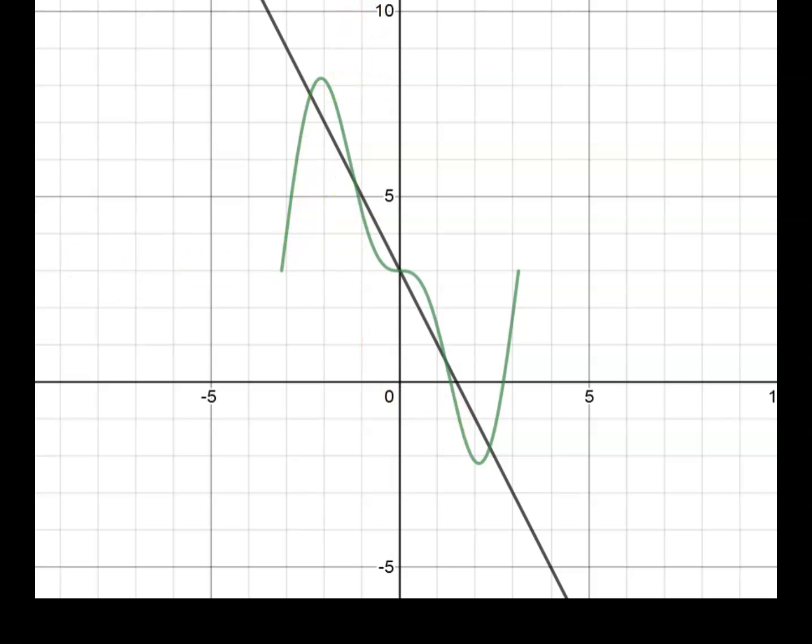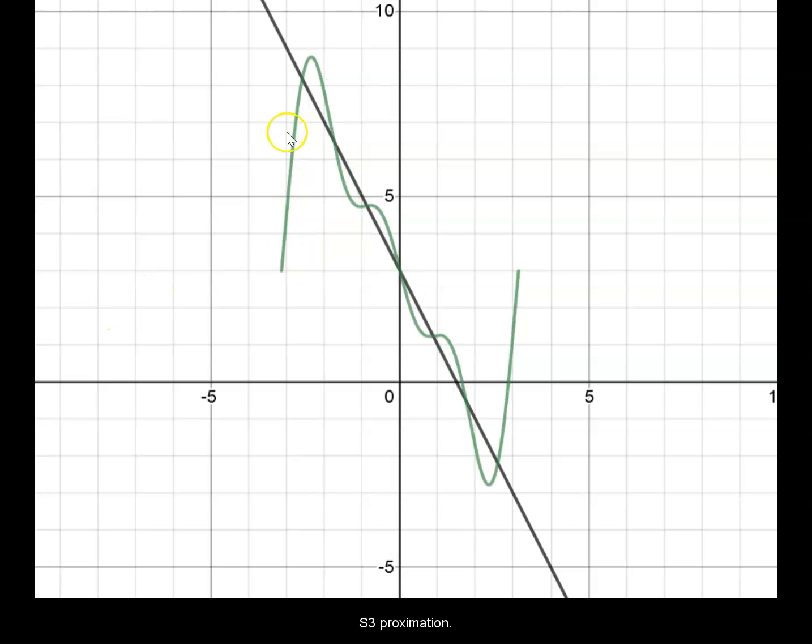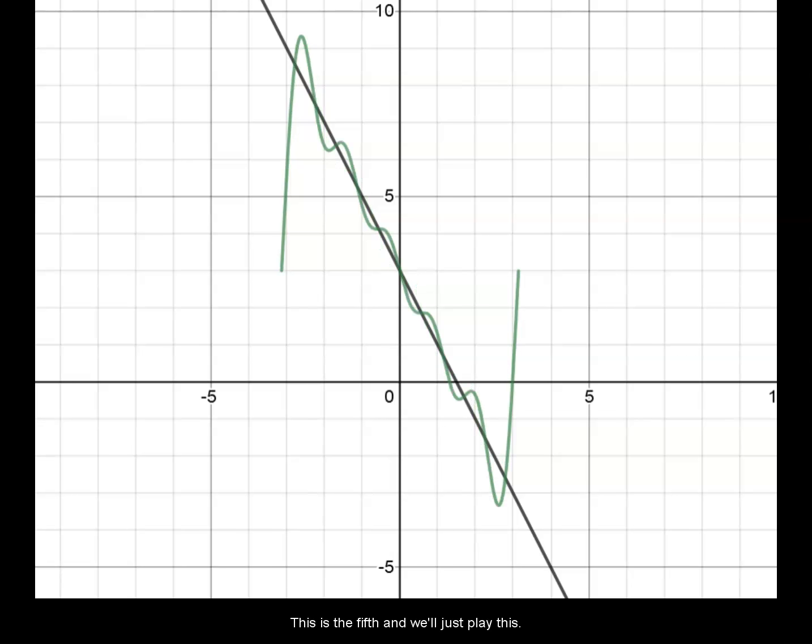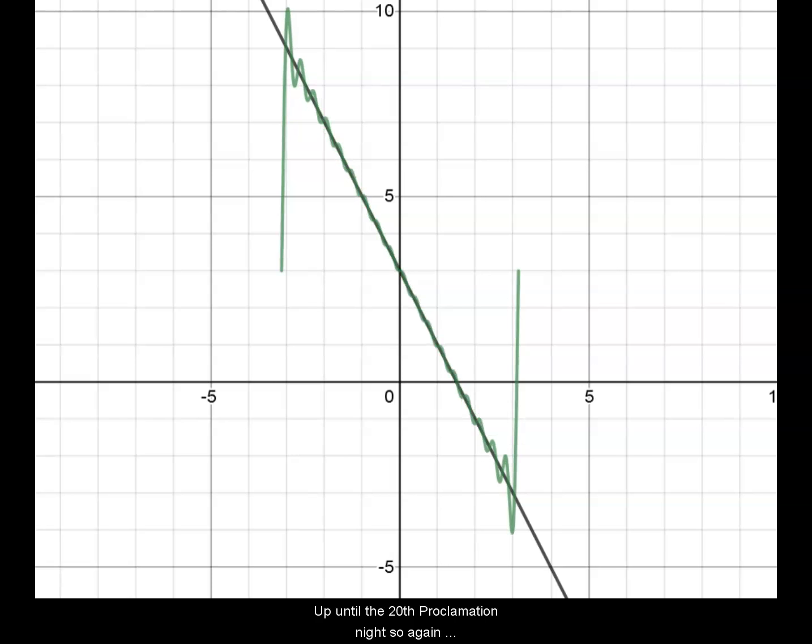Okay. If I do my F3 approximation, I am much closer to my line for a lot longer, right? So I have a much closer approximation here. This is the 4th Fourier approximation. This is the 5th, and we'll just play this up until the 20th approximation, right? So again, you can see that I oscillate along my line, and it's a very good approximation.